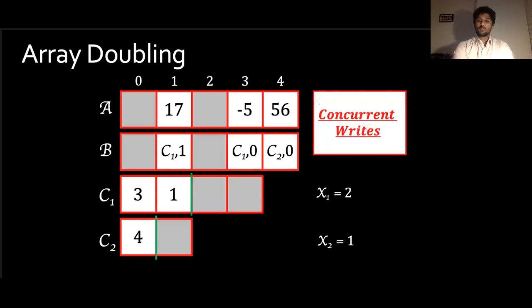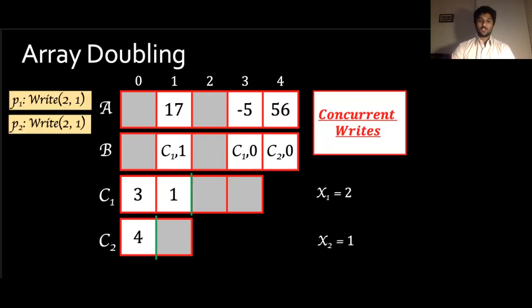Consider the following run with concurrent writes. We consider a run where both P1 and P2 write 1 into the second location. First, they each write 1 into A2. Subsequently, each of the processes notices that A2 is not certified and goes on to certify the element.